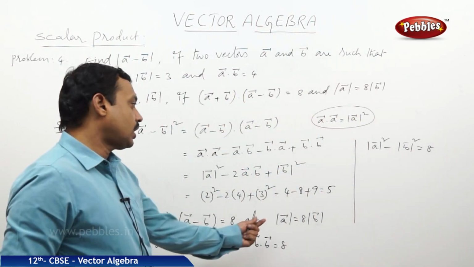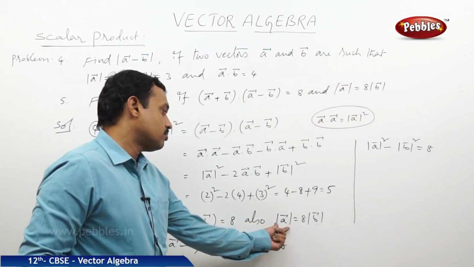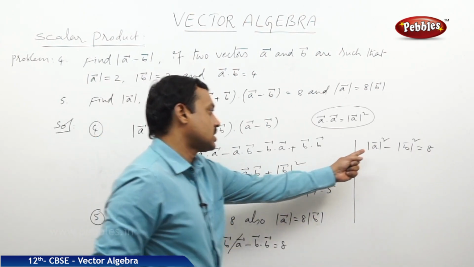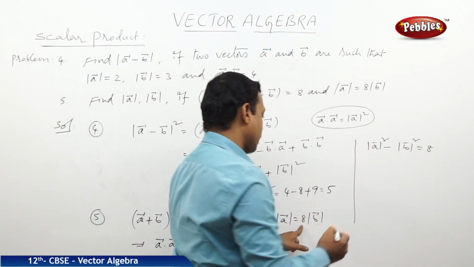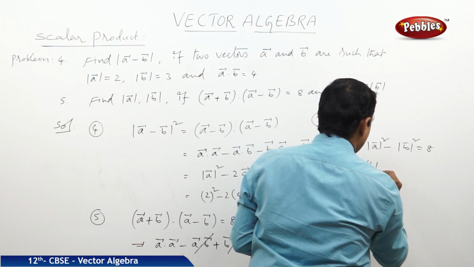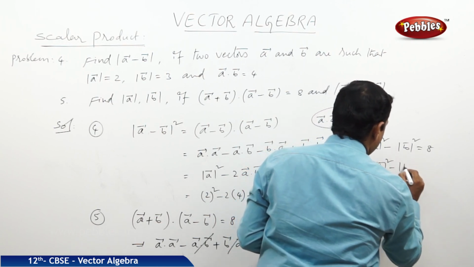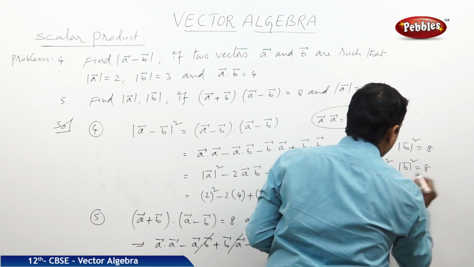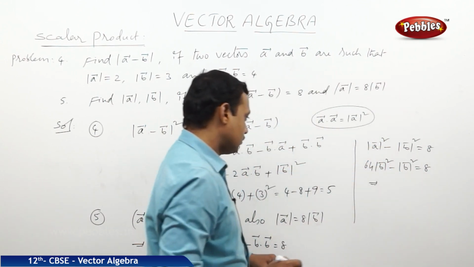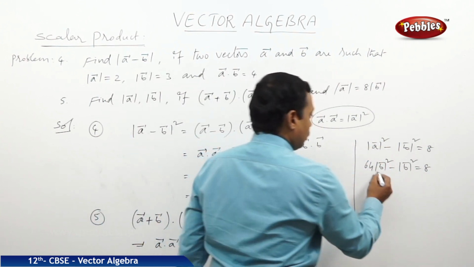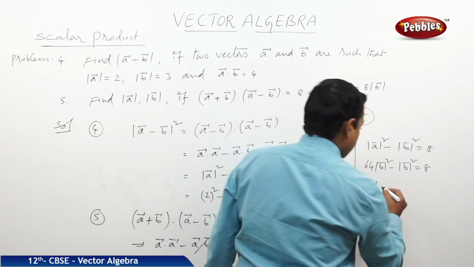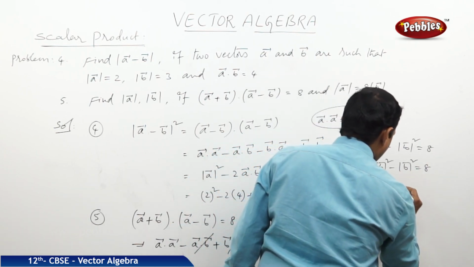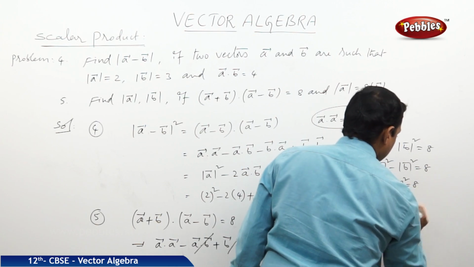But there is one more condition we have, that is mod a is equal to 8 mod b. Substitute there. Mod a square is equal to 64 into mod b square, minus mod b square is equal to 8. 64 minus 1, 63 mod b square is equal to 8.